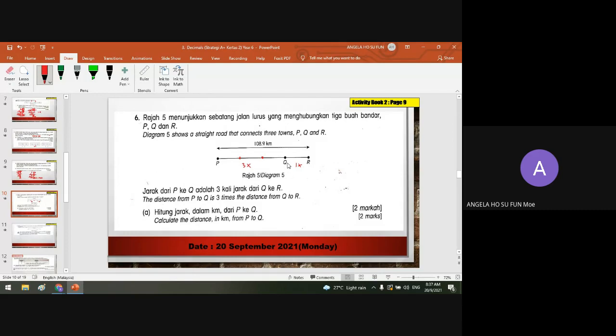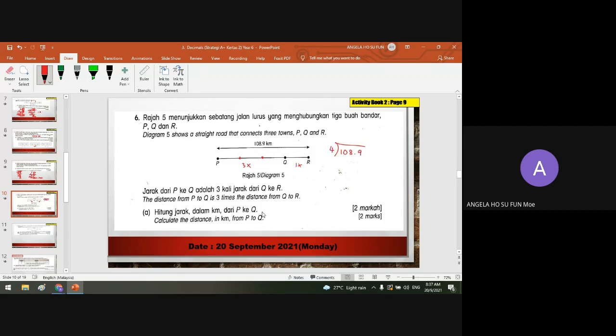First of all, I know the total distance is 108.9 kilometers. I divide this road into 4 parts, because altogether there are 3 parts here and 1 part here: 1, 2, 3, 4. So I first divide the total distance, 108.9, by 4.